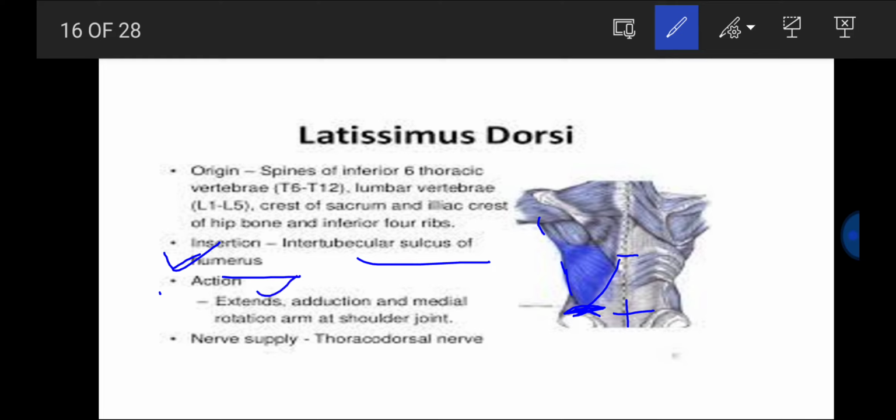Action: extension, adduction, medial rotation at the shoulder joint. Nerve supply: thoracodorsal nerve.